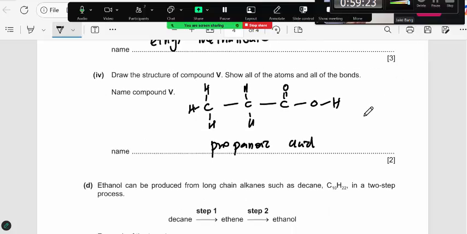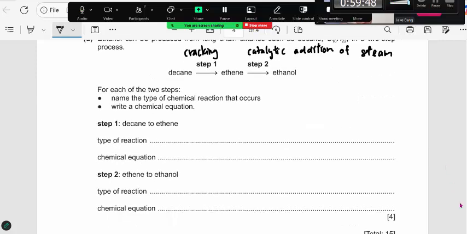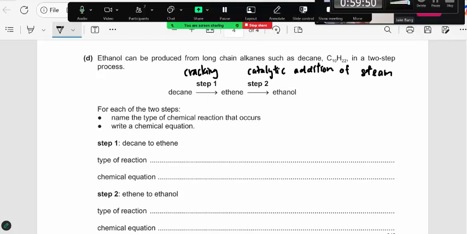Ethanol can be produced from a long chain such as decane. What is this called? Long chain, this is called cracking. Then this one to here is called catalytic addition of steam. We did this last week and many weeks ago. You guys have to memorize your flowchart.